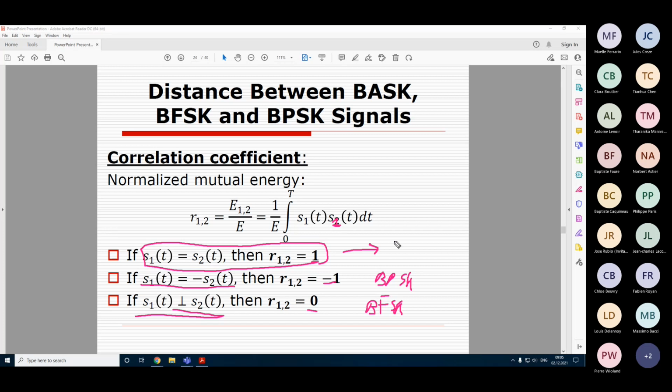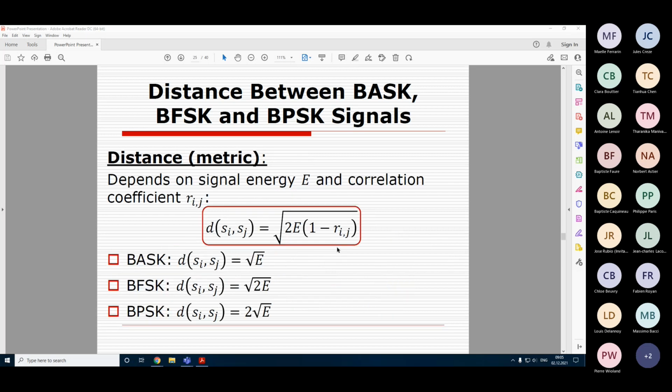So this is basically the receiver. How does the receiver operate? We will use that in the receiver. For that reason, we can express this distance through this correlation coefficient.